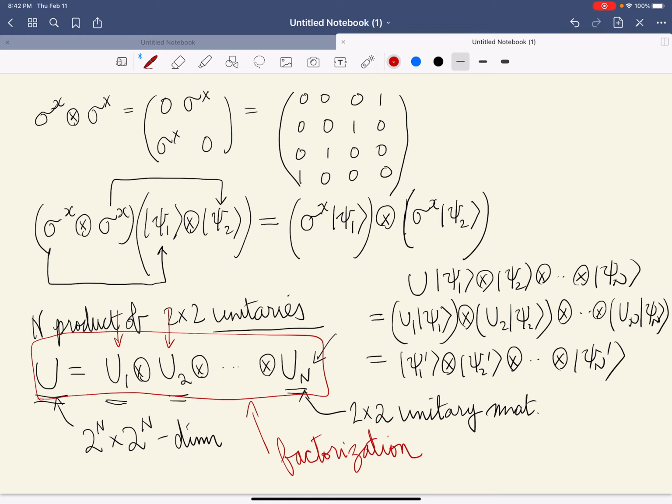In order for entanglement to arise, this sort of decomposition cannot happen.